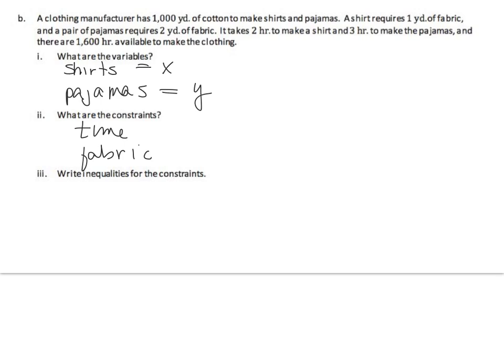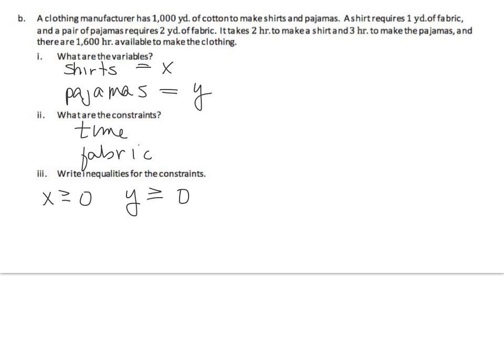First of all, the number of shirts you produce has to be greater than or equal to 0. The number of pajamas you produce has to be greater than or equal to 0, because we can't produce negative things. And then let's go back and read the problem.